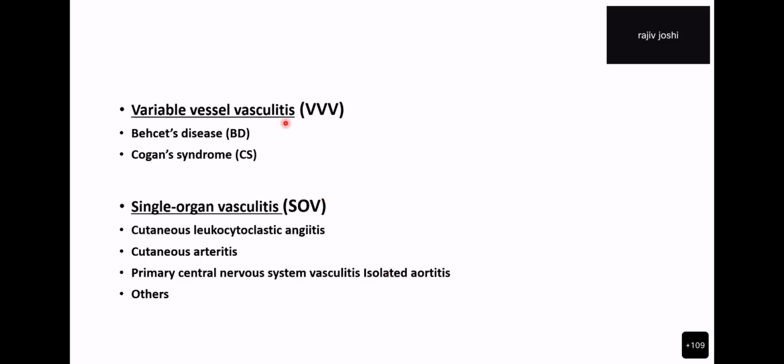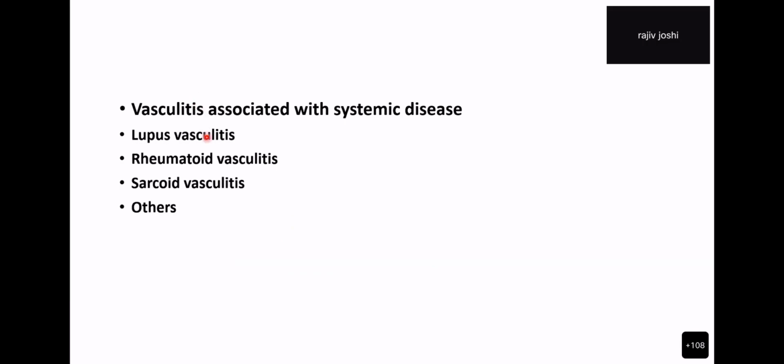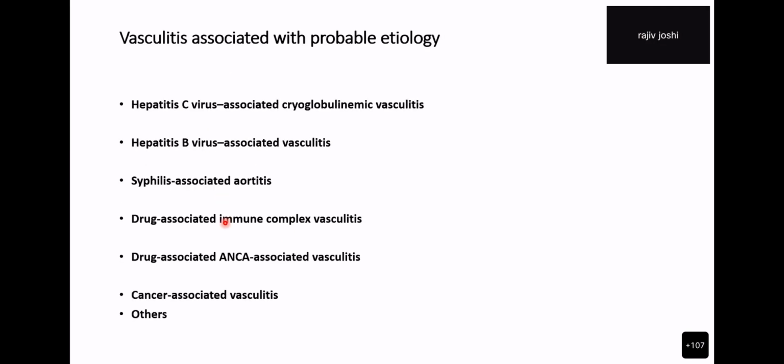Then variable vessel vasculitis, in which Behçet's disease is included. Single organ vasculitis, which is what dermatologists generally see, cutaneous leukocytoclastic angiitis. Then vasculitis with systemic disease: lupus, rheumatoid, sarcoid can all give rise to vasculitis, and with other conditions like malignancy, drugs, syphilis-associated aortitis, hepatitis B and C associated vasculitis.